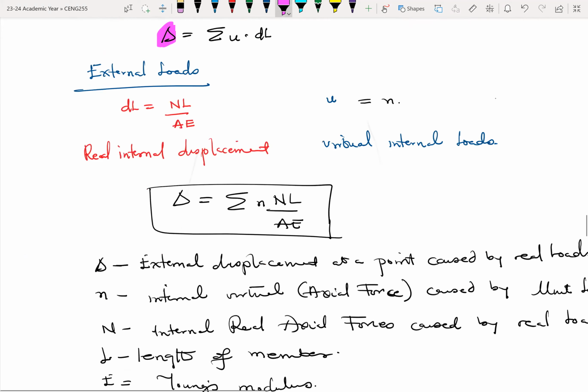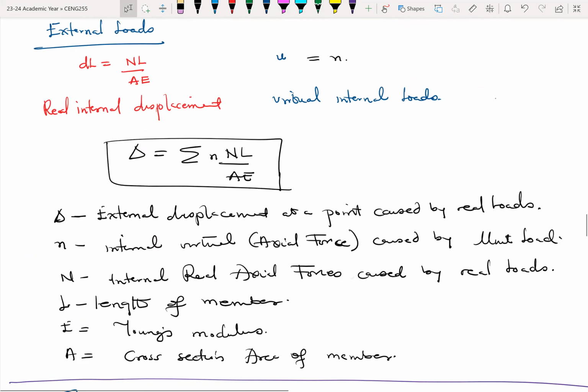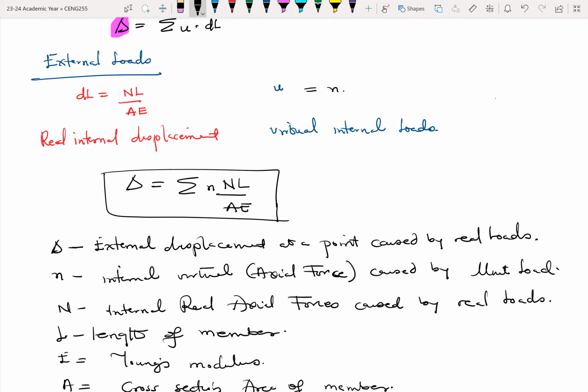For a truss system experiencing external loads, we can derive the equation for finding displacement at a point, where delta is equal to the summation of the forces in the members due to a virtual load, times the forces in the members due to a real load, times the length of the members, divided by the cross-sectional area of the members and their respective Young's modulus.